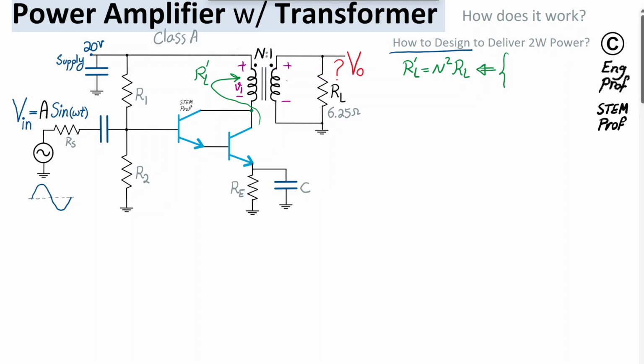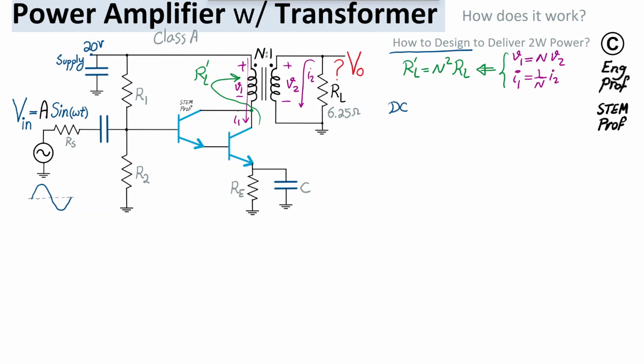This is the voltage of the secondary here, and the relationship between V1 and V2 given the N-to-1 ratio as shown is just V1 is N times V2, and I1, which is basically this current, is equal to 1 over N times I2. Hence, we get this relationship for the R'L observed from the perspective of the primary as a function of RL in the secondary of the transformer. Okay, so the other important thing is let's do a quick DC analysis.